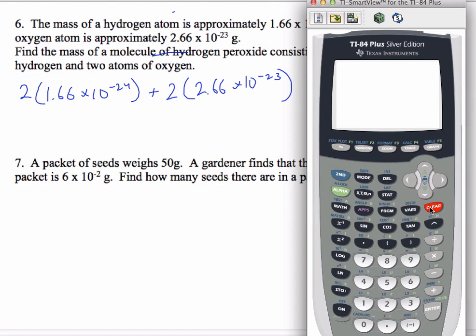Okay, so I'm going to do it exactly as it looks here, pretty much. 1.66, and I'm going to use my E notation, -24. Oops, I forgot the plus sign. So plus 2 times 2.66 E to the -23.